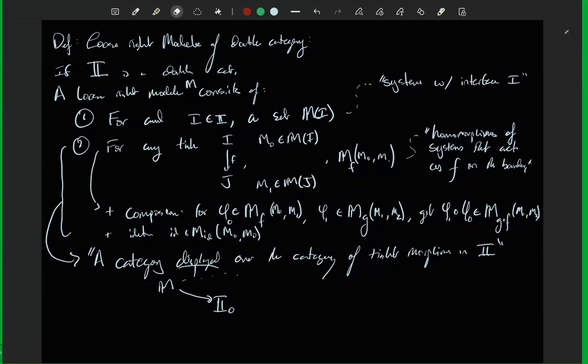I'll just write it as pairs of an I and an M naught, where M naught is in M_I. And the morphisms are pairs of maps from I to J, and a map from M naught to M1. And this is the first projection. So it's equivalent to the data of such a functor.